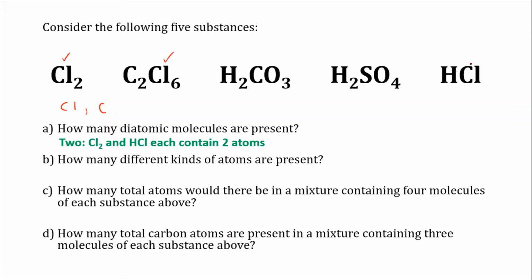Chlorine, I check that one off. I have carbon, so I'll check that one off. Next I have hydrogen, check that one off. Next I have oxygen, check that one off. And last, the only one that hasn't been checked off yet is sulfur. So we have 1, 2, 3, 4, 5. So we have 5 different types of atoms present, 5 elements.